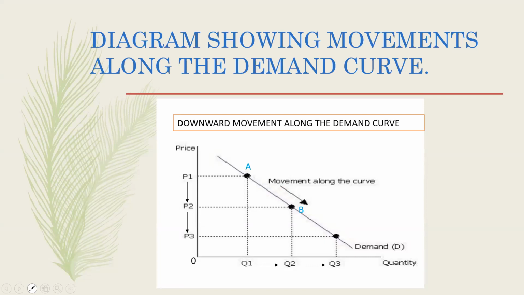When your price decreases, let's say from P1 to P2, there is going to be an increase in quantity demanded. And when that increases, you're going to get an extension of this demand curve. The demand curve is going to keep extending further and further away from the origin.